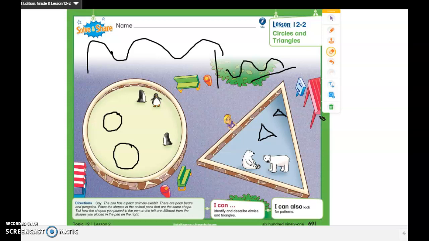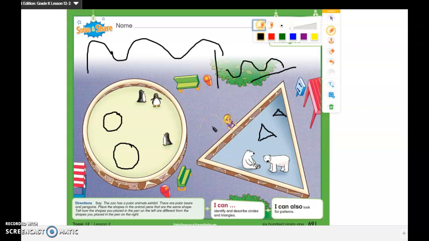Well, I can't say one has curves and one doesn't because that's how they're different. So if I want to think about how they're the same, think about what I said about the circle. I said it doesn't have a beginning or an end really. It just keeps going on and on and on. Are there any openings or breaks in this circle?